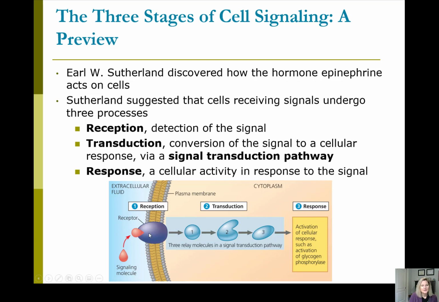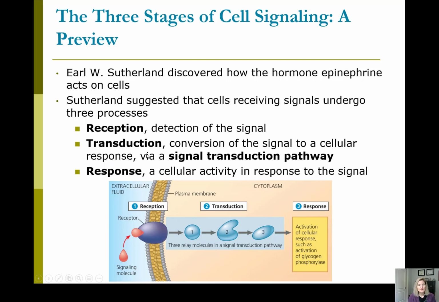This signal transduction pathway was first discovered by Earl W. Sutherland, in response to how the hormone epinephrine acts upon a cell. The first stage is reception. Remember, we have some sort of signaling molecule, which we call a ligand, that binds to a receptor protein on the cell membrane, and that's going to cause a response.